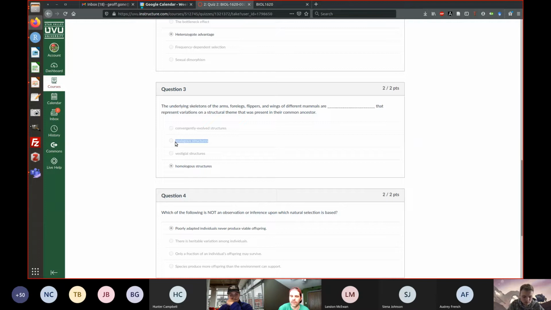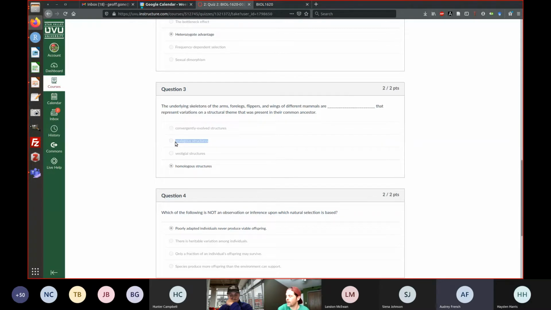What's the difference between analogous and homologous? Homologous is where they share common ancestry, and so that's why it's similar. But analogous would be if they have similar function, or they have different ancestors, but they come to a similar structure because of... I don't know. Convergent evolution.